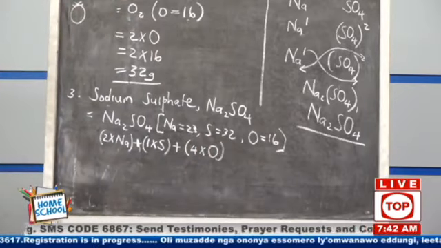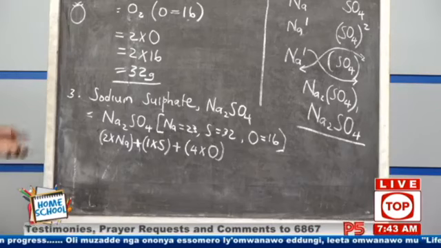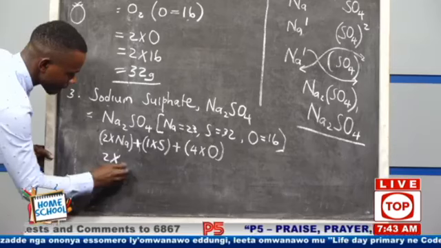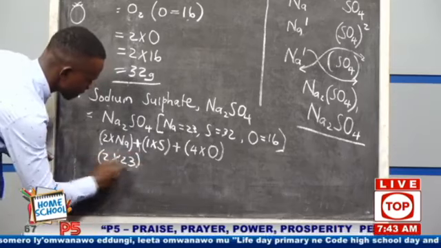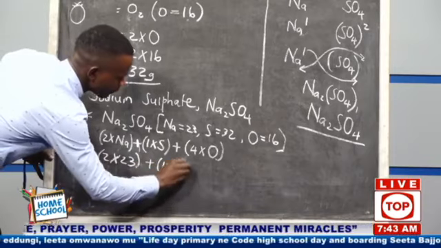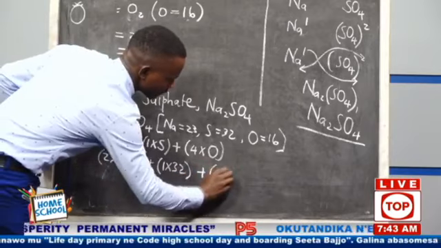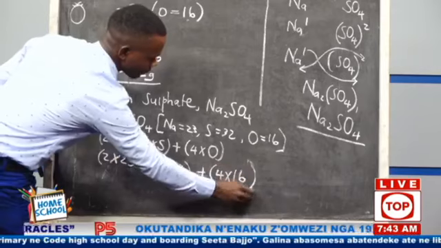All right? That is it. Then you will substitute to put their figures. That is 2 times the 23 plus 1 times the 32 plus 4 times the 16. Okay?